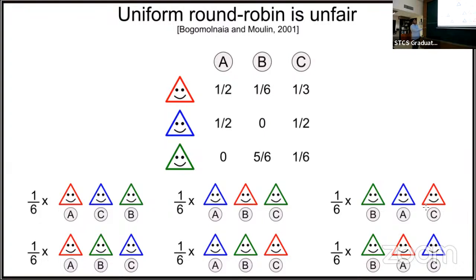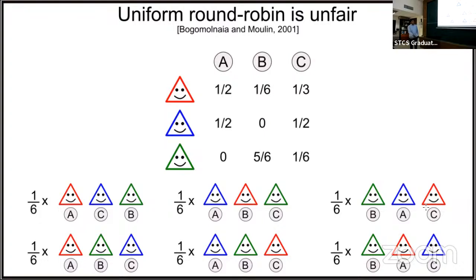Just to check the numbers, let's say we're looking at red for item A, so it gets A here, and A here. So 3 times 1 over 6. All right, cool. So this is the distribution that gets generated when we uniformly randomize over all round robins.